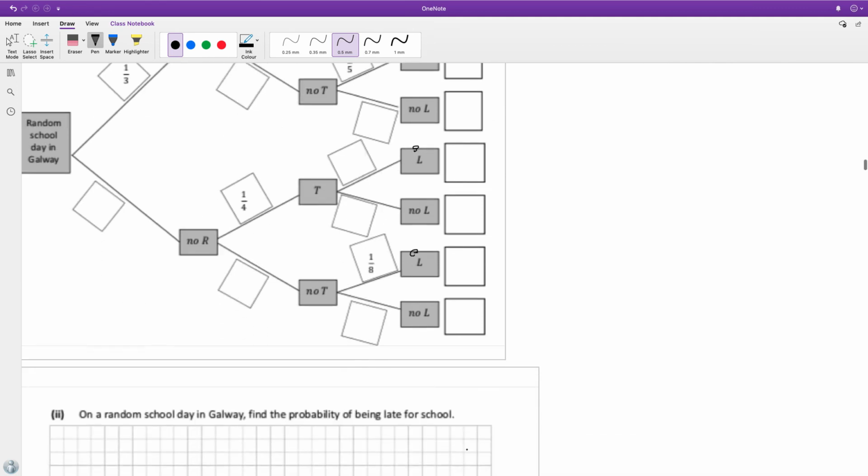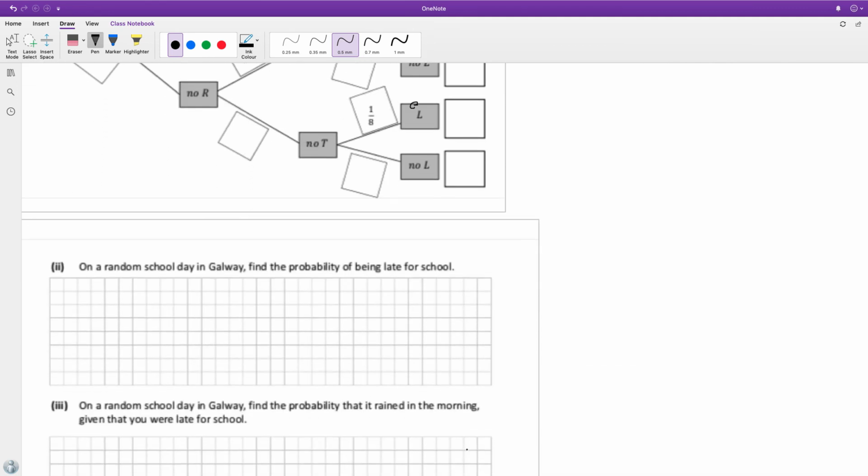So, are we late, and late, and late? Or are we late, or late, or late? Adding or multiplying? Add. Why are we adding? You can't be late and late and late in the same situation. You can either be late because of this, late because of this, or late because of this. It's or. That's why and or is very important to make our decision. So it's add.